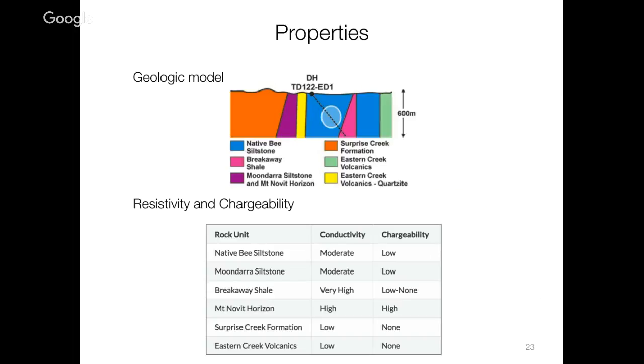So it kind of stood out, but not 100%. If we look at the chargeability, however, we see that no unit outside here, the volcanics, even the breakaway shale, has got a significant chargeability. So only the Mount Novot horizon has a high chargeability. So that is going to be the thing that should be really diagnostic here.